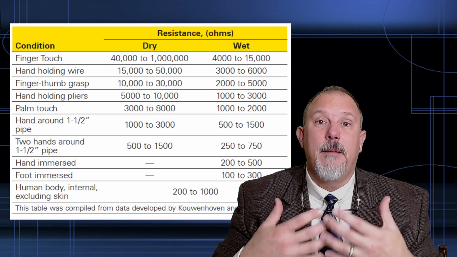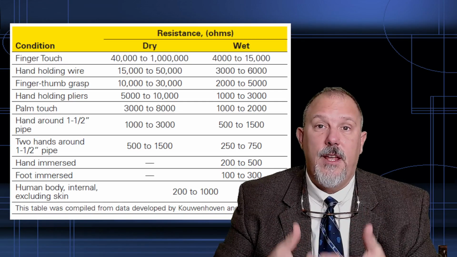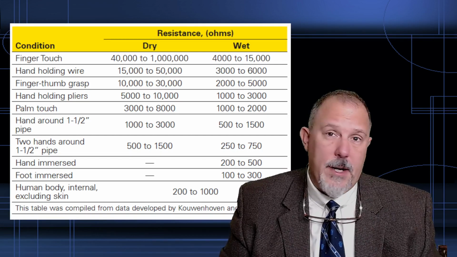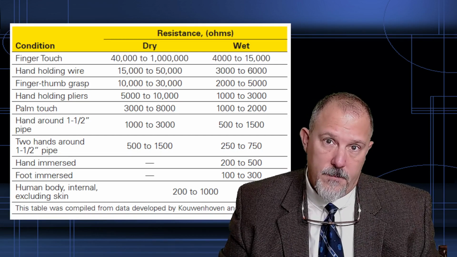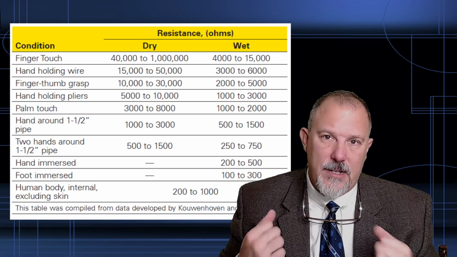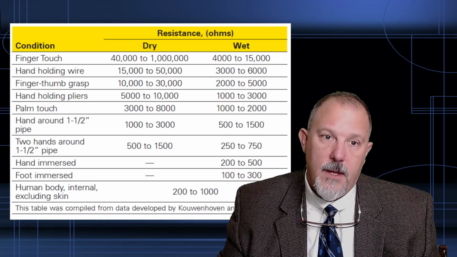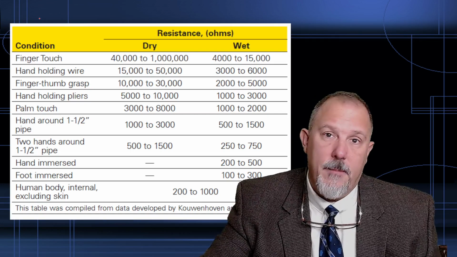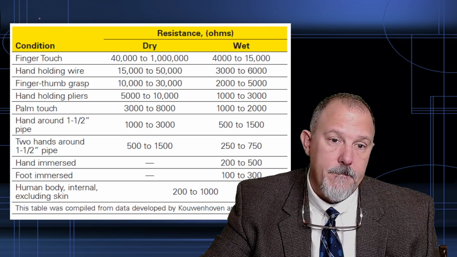You've increased the amount of current that can pass in the circuit. So all of our electrical workers perspire when they're working, I'm sure. Your skin is no longer dry. It's going to be damp. That lowers your resistance, and it increases the amount of current that will pass through your body.